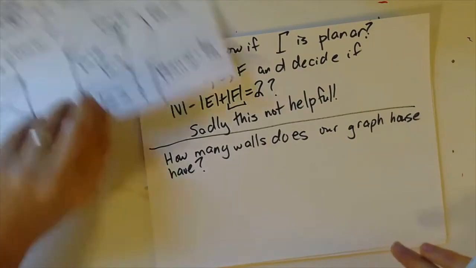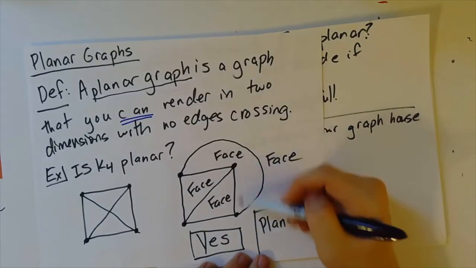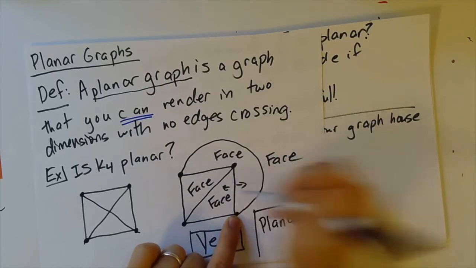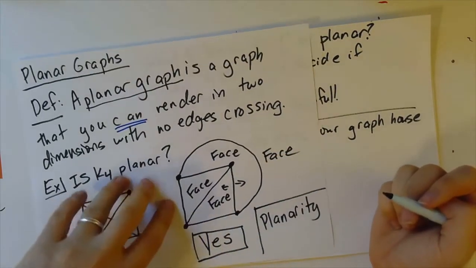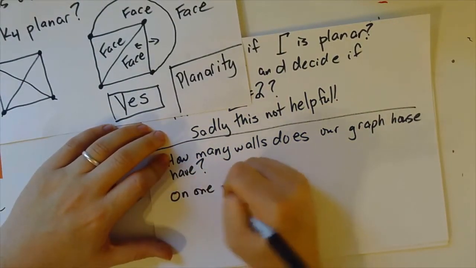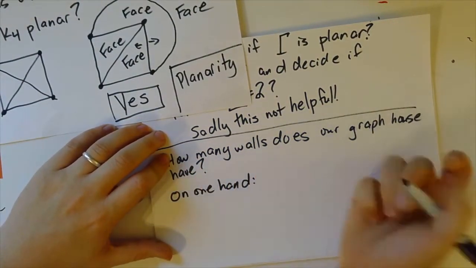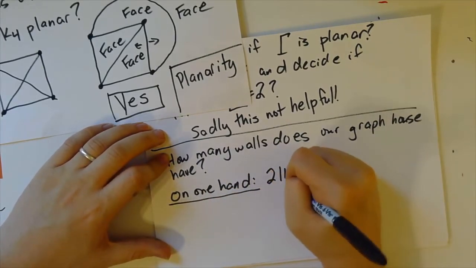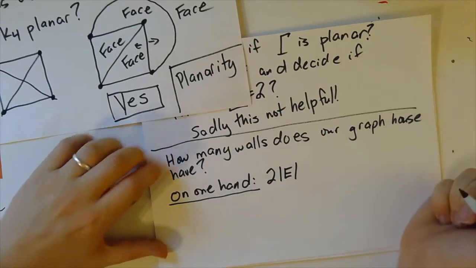On the one hand, every edge corresponds to 2 walls, one on this side and one on this side. So on one hand, the answer is definitely that it has exactly 2 times the number of edges.